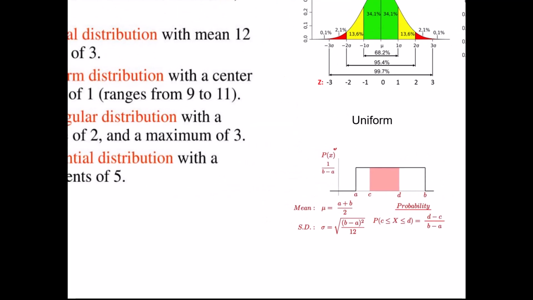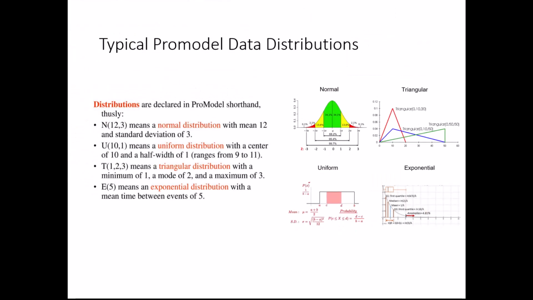Hopefully with this you have an idea of the common distributions that we have used. There are some others I won't be able to explain, like the Weibull distribution and the others that are out there in StatFit, but these are the most frequent.